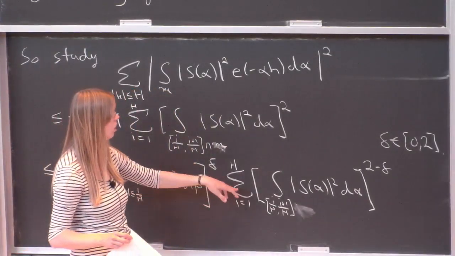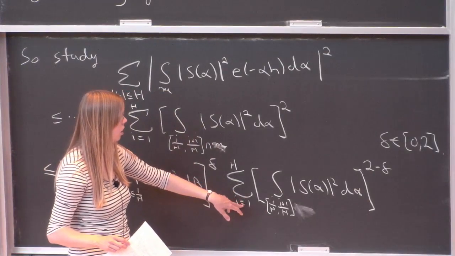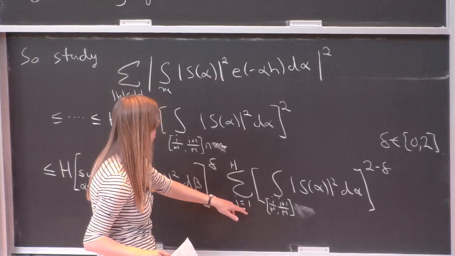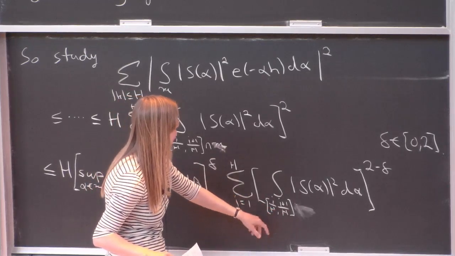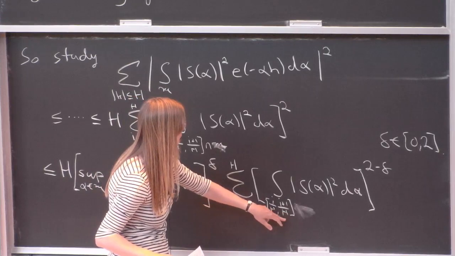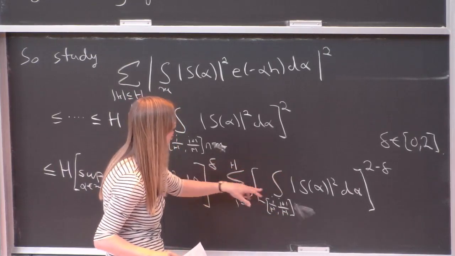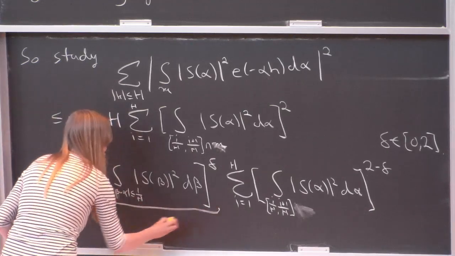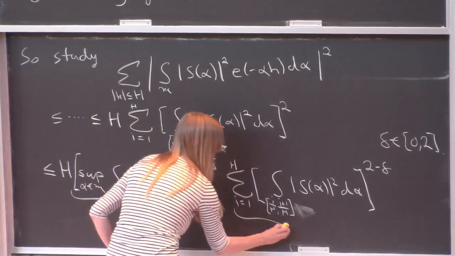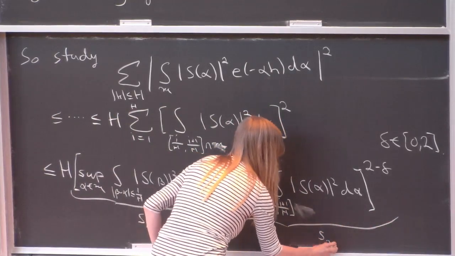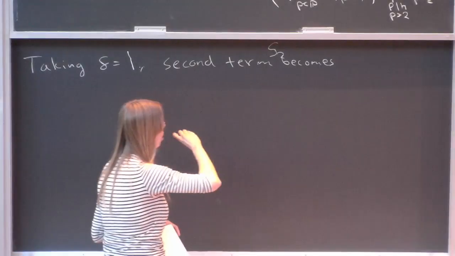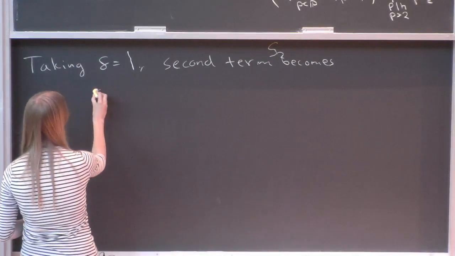And actually, if we take delta equal to 1, this is 1 here, and we are just summing over all intervals of length 1 over h, and this becomes the integral of everything. So let's say this is S1 and this is S2. So this S2 becomes the integral of everything.